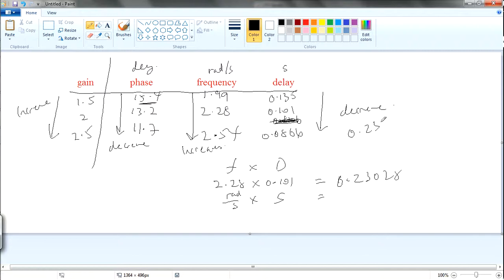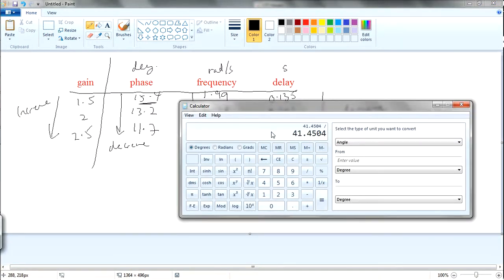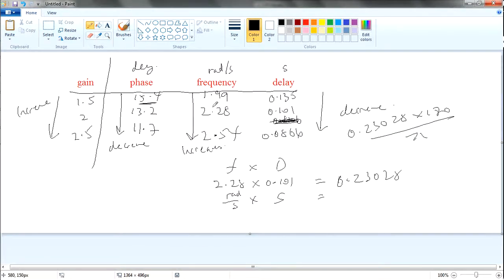And then if I convert to degrees, times 180 degrees divided by 3.142, you see I have 13.19, which is 13.2 degrees. So therefore, we can conclude that frequency times the delay will give you the phase angle.